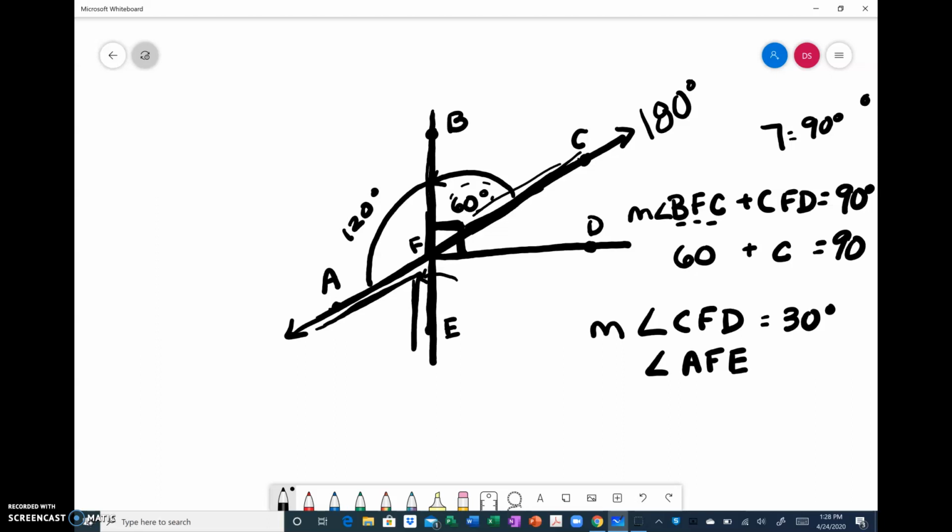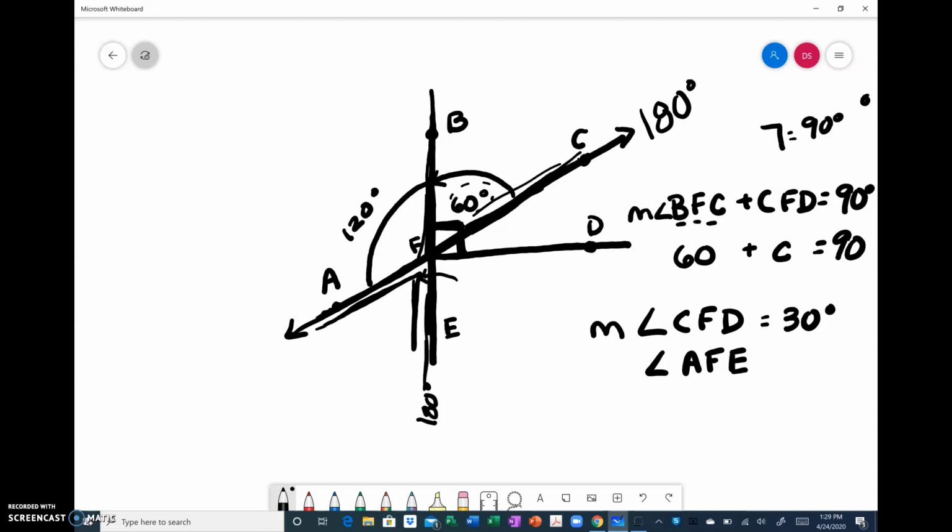Now, back to what I was saying a second ago about the straight lines. Angle EFB is also a straight angle, straight line of 180 degrees. And so two angles make up those 180 degrees.